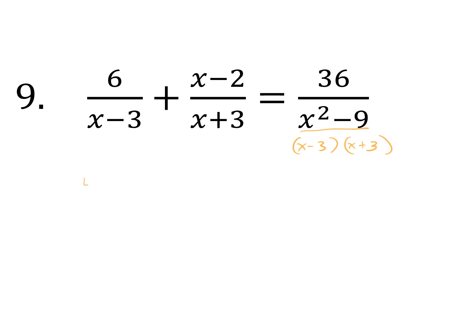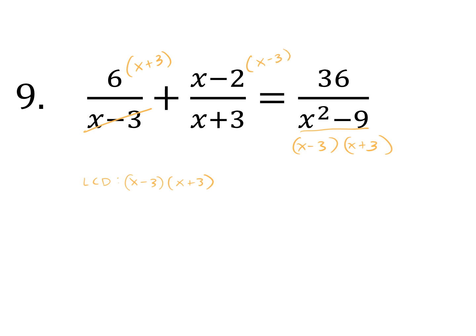So our least common denominator is x minus 3 times x plus 3. So we multiply by what's missing. What am I going to multiply my first fraction by? X plus 3. Because it has an x minus 3 from the bottom, so we don't need to multiply the x minus 3. What's missing from my second fraction?